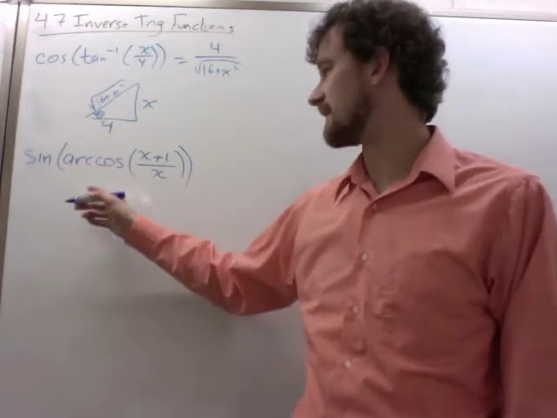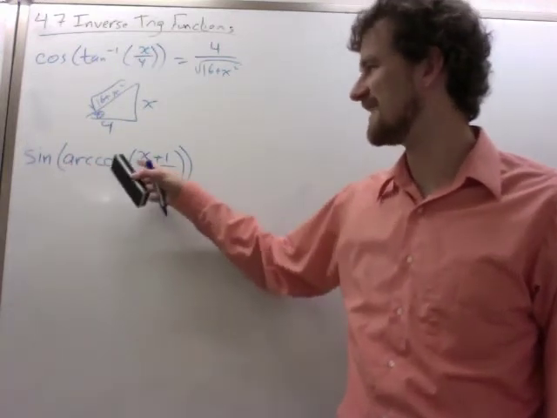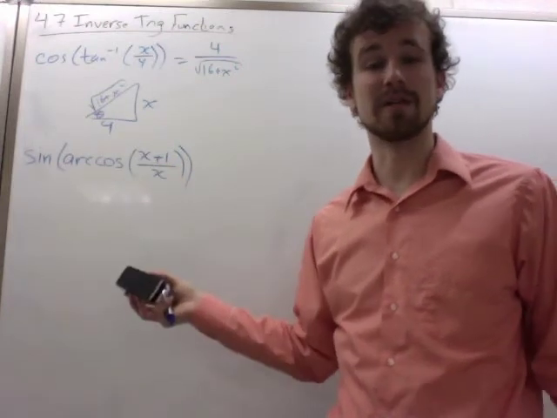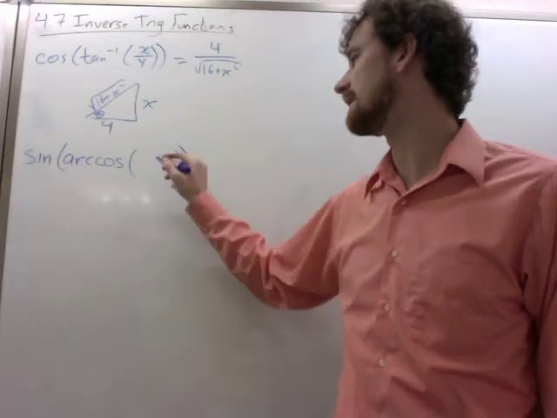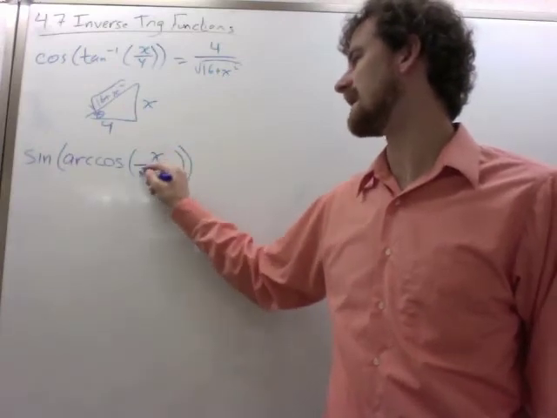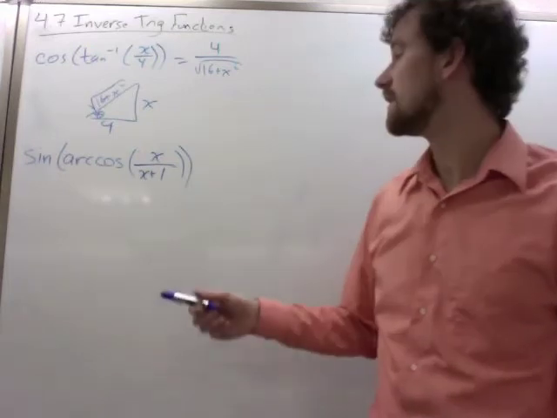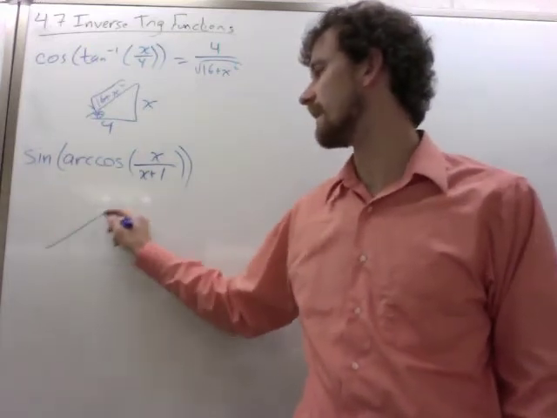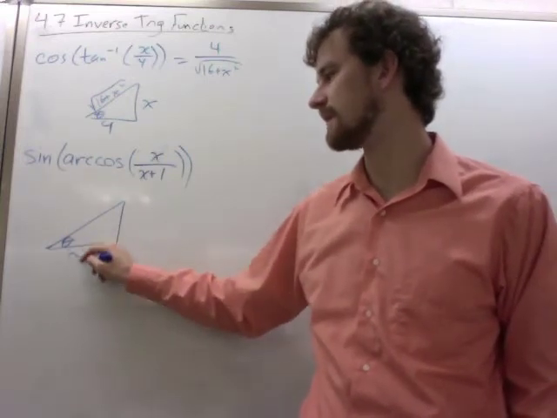Just another example, I want to take the sine of, oh wait, that doesn't work. Why doesn't this work? Because x plus 1 over x is going to be greater than 1. You can't take the arc cosine of something greater than 1. We'll make this x over x plus 1. So we can draw a triangle. Cosine is x over x plus 1.